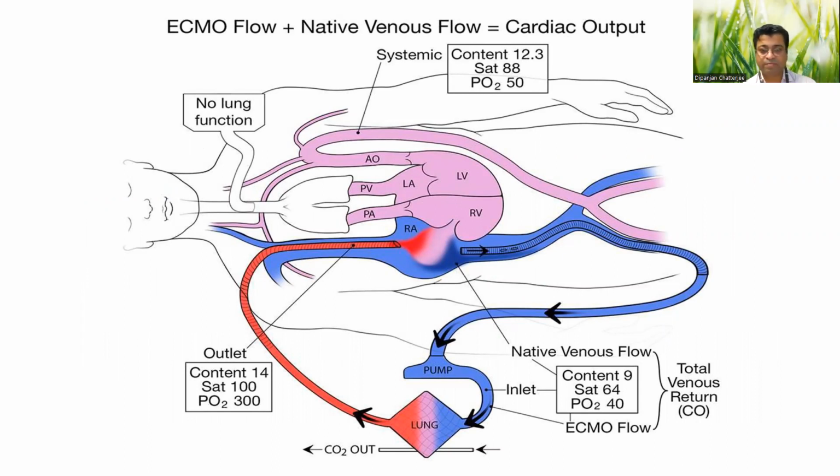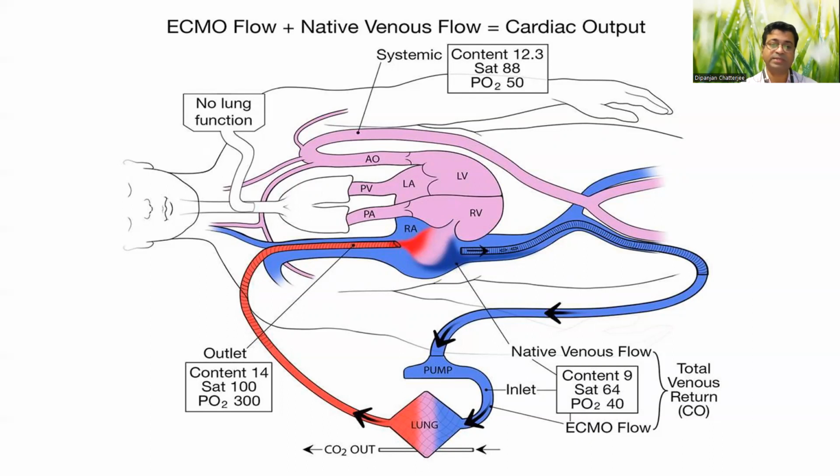So 4 liters of deoxygenated blood is coming to the ECMO circuit, getting fully saturated with oxygen, going back into the patient's right heart, and mixing with another 3 liters of venous return, because only 4 liters out of 7 liters of venous return was passing through the membrane lung. So this 4 liters of oxygenated blood mixes with 3 liters of deoxygenated blood.